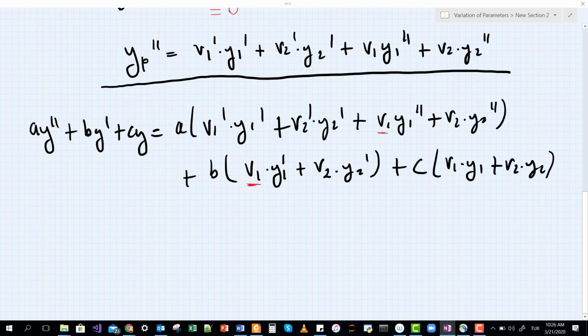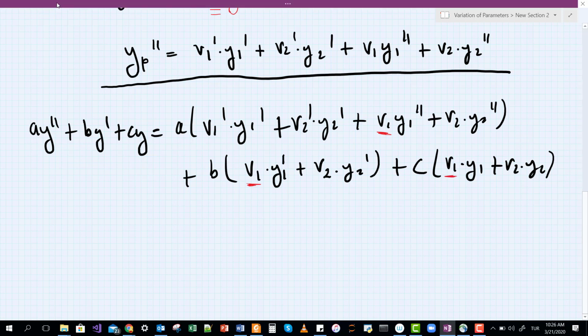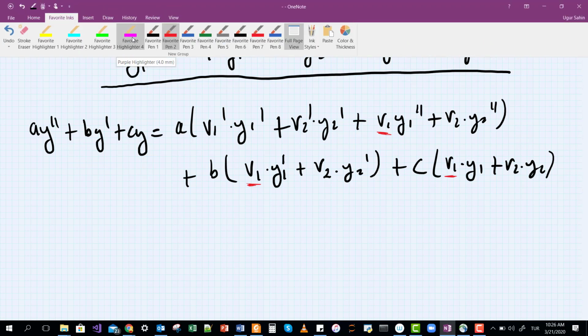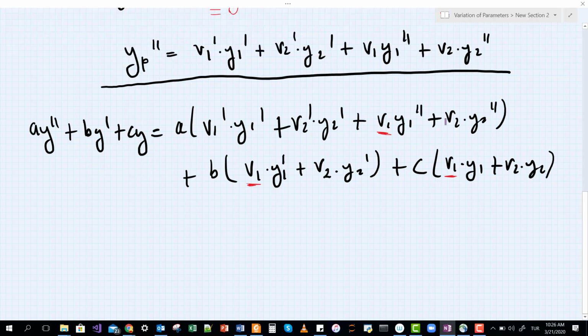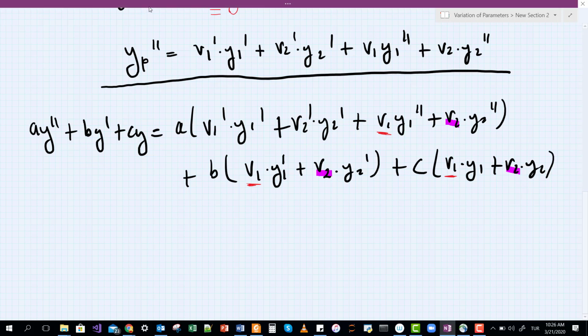If you look at these terms, I have the common term V1 all around. And if you look one more time, you can see the V2s are all around. Now I can group them.